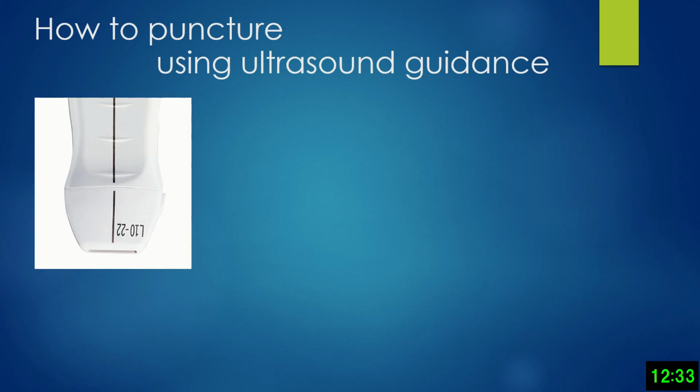Next, I would like to explain how to puncture using ultrasound guidance in our hospital. First, position the probe with the probe mark on the right side, and project the target vessel onto the center line on the screen. And next, measure the depth to the center of the artery, X millimeters.